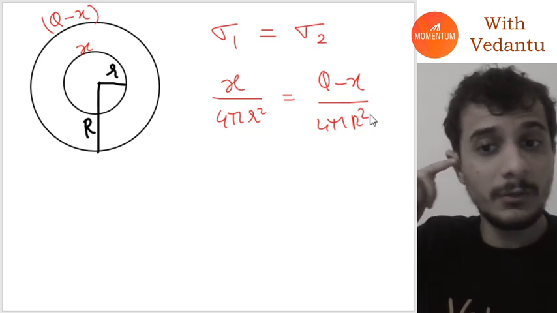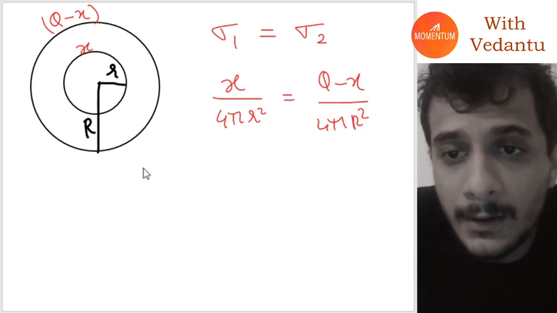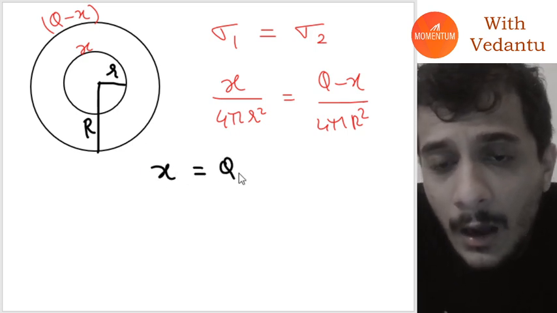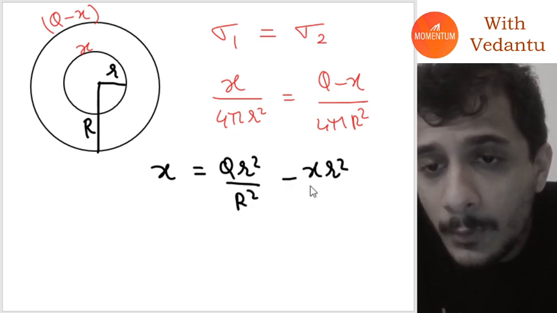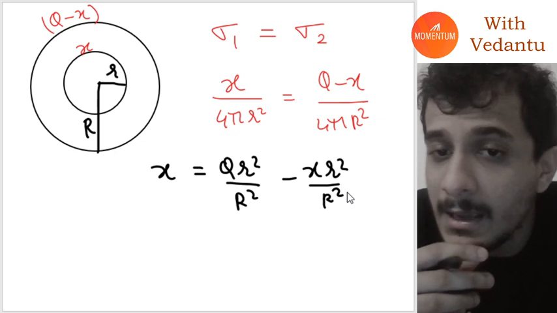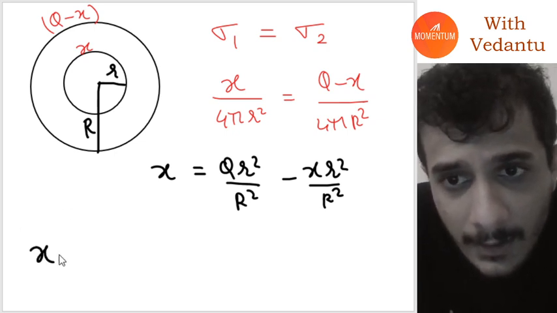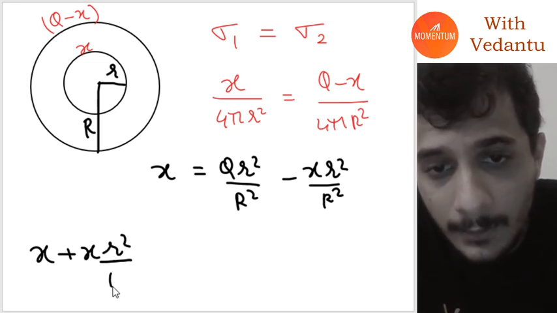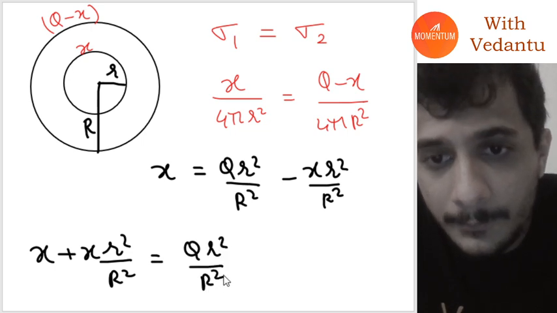Do you see this, guys? If you cancel out 4 pi and 4 pi, you can write x is equal to q r square by r square minus x r square by r square. Substituting this, taking this here, I get x plus x r square by r square is equal to q r square by r square.